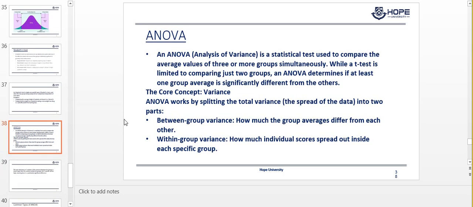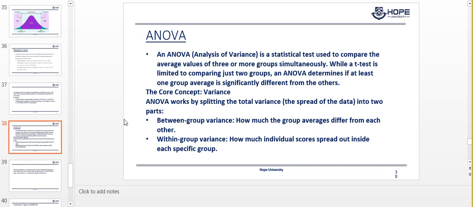Also, what is ANOVA? ANOVA is analysis of variance, a statistical test used to compare average values of three or more groups simultaneously, so it is more powerful than the t-test. While the t-test is limited to comparing just two groups, ANOVA determines if at least one group average is significantly different from other groups.